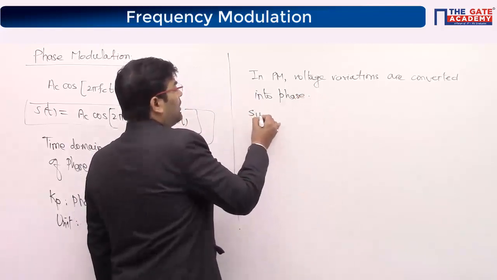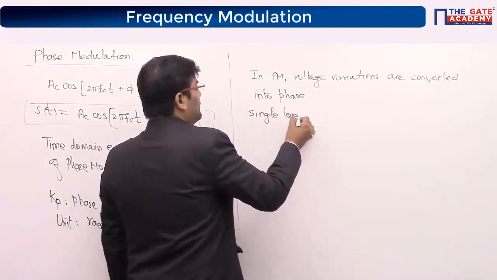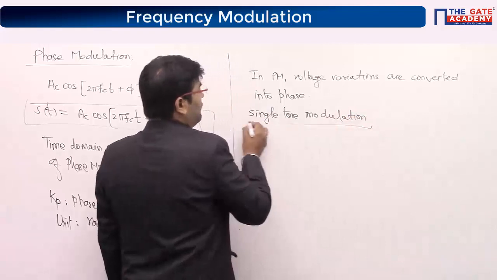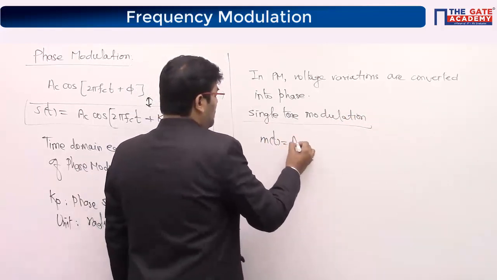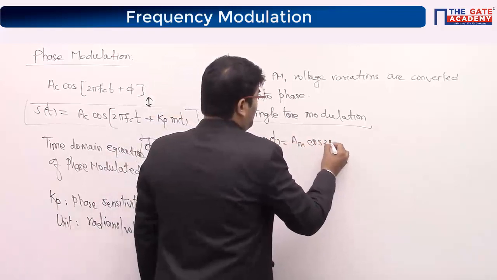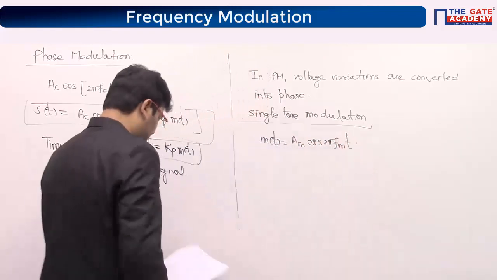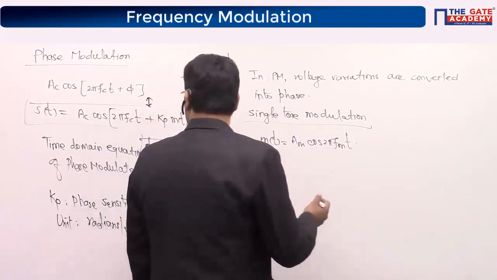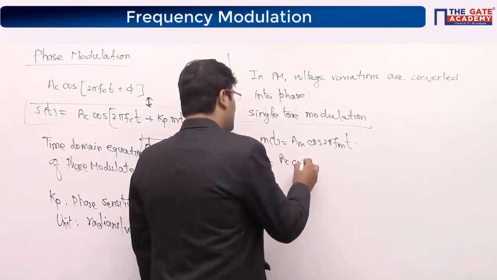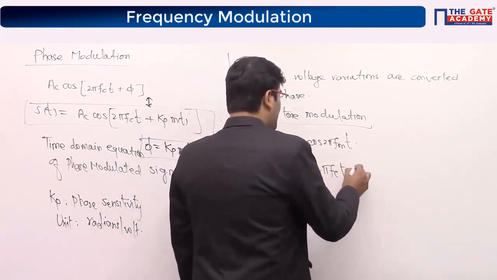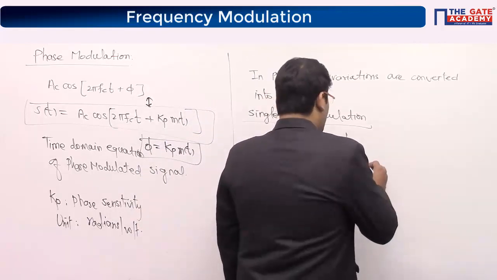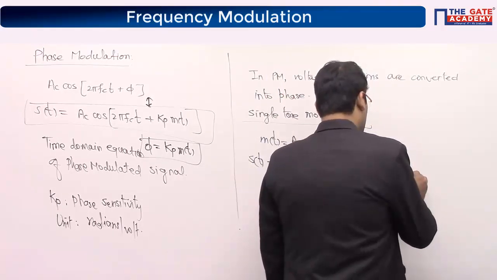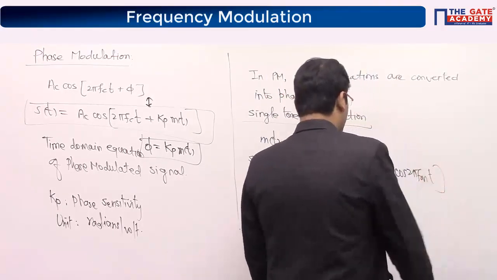So we'll do single tone modulation of PM. We are going to use m(t) equal to Am cos 2π fm t. If you substitute, you will get the answer. It will be Ac cos(2π fc t + Kp Am cos 2π fm t).